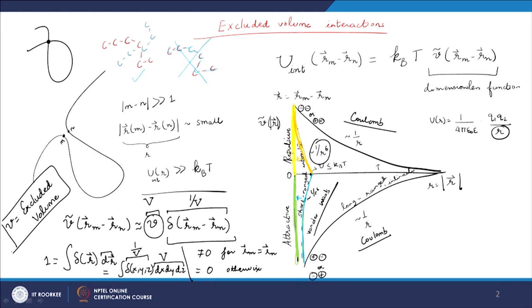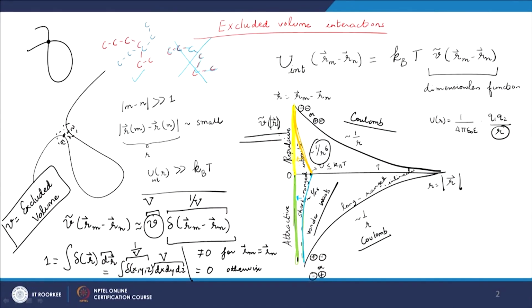So, in some sense you can think of it physically as some volume around the segment where the interactions become effective between the segments. Let us say if I start at segment M and I go a small distance, I will see some van der Waals interaction that is higher than kBT.